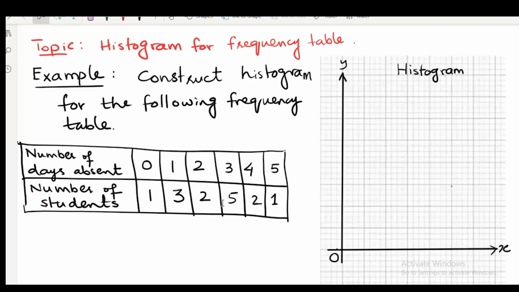So, first decide which row will be on the x-axis and which row on the y-axis. Be careful and remember, on the y-axis we have to write frequency, and on the x-axis the observation will be there.